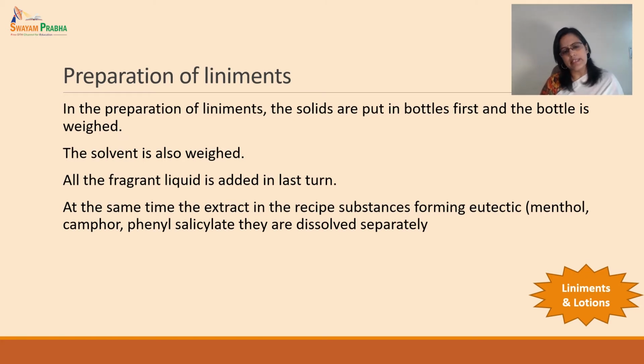So this care one has to take, and then we have to dissolve the ingredients in the solvent in which they are more soluble. So the suitable solvent must be selected, and they are mixed together with the other ingredients. So this is the method of preparation for liniment.